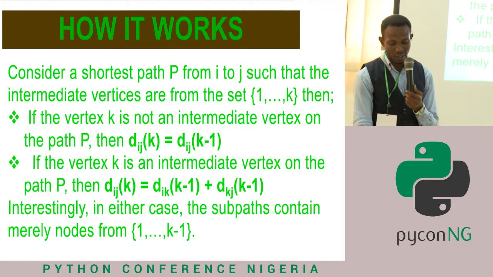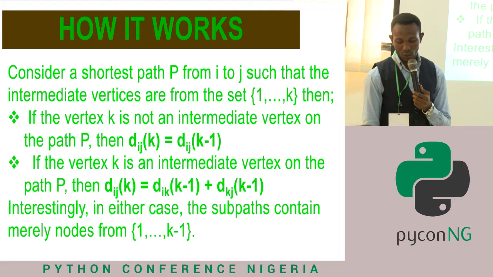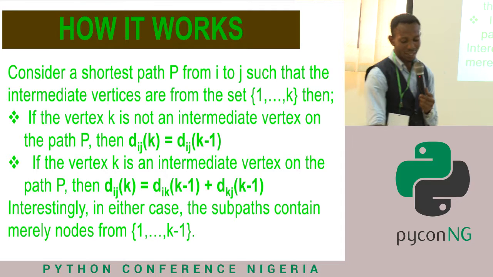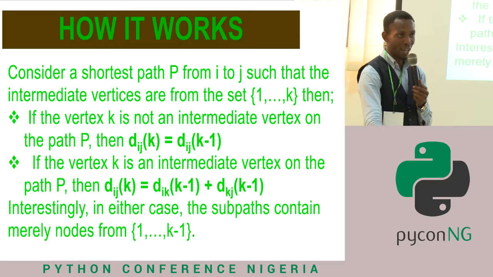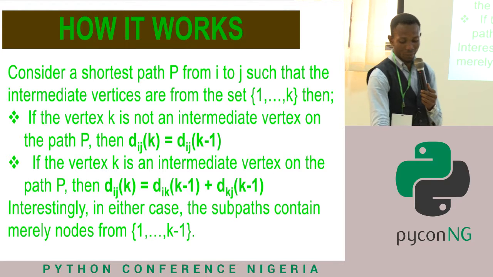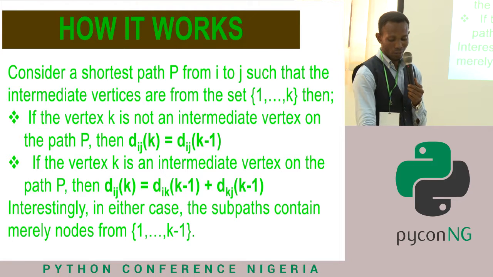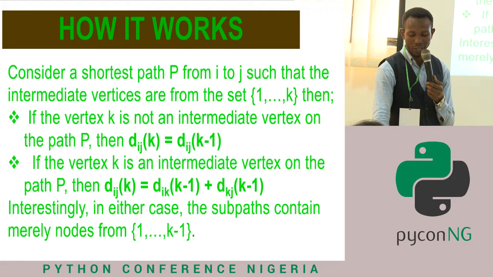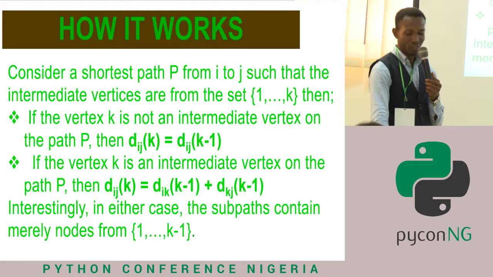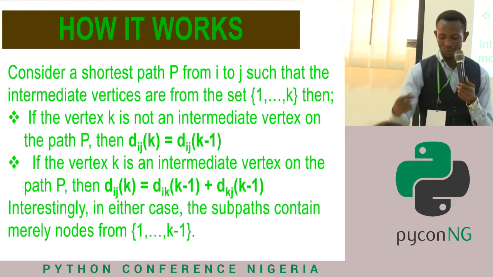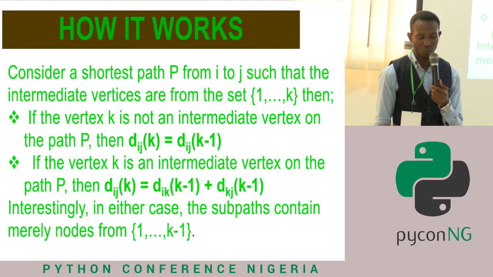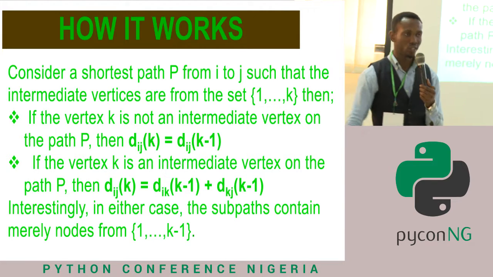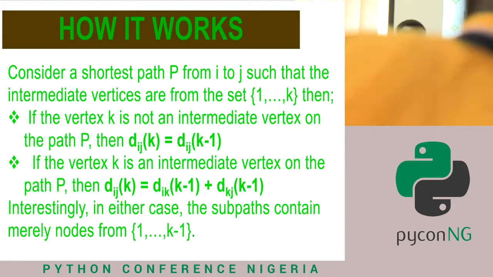If the vertex k is not an intermediate vertex on the path P, then we make use of this: the distance between Lagos, which is i, and Calabar, which is j. Putting into consideration all the vertices within Lagos and Calabar, it's going to subtract one vertex from the distance, that is where you are starting from, and find the shortest. The one with the lowest number of vertices is returned as the shortest path.